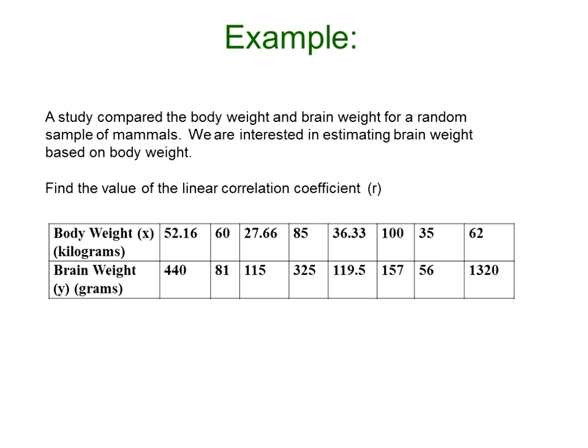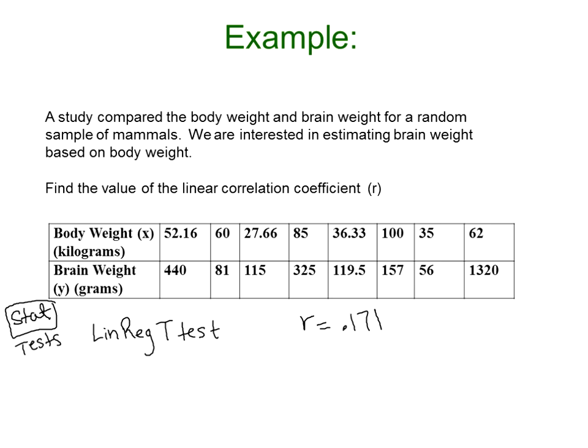So by doing a linear regression t-test, and that came from going to Stat, and then we went to Tests, I have a value of R of 0.171, and that did get rounded.